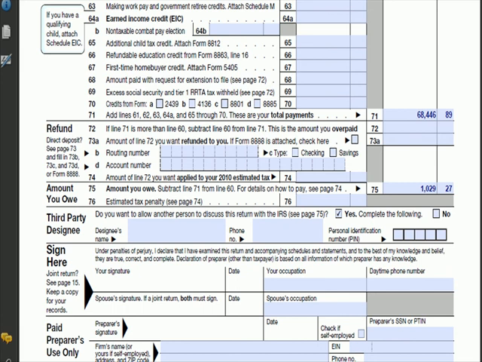Some of this money, $5,300, was withheld on the W-2 for the dental hygienist's wife who got a W-2 form. And then our dentist sent in about $63,000 in estimated payments. So of the $69,000 odd tax, he's already paid nearly $69,000. He has a remaining liability of about $1,000.